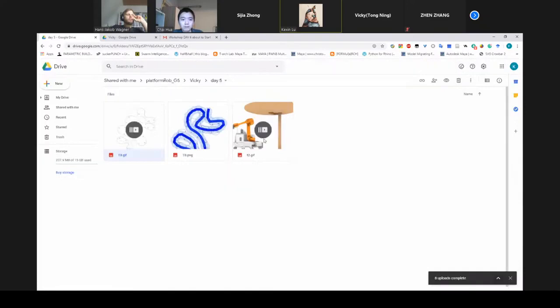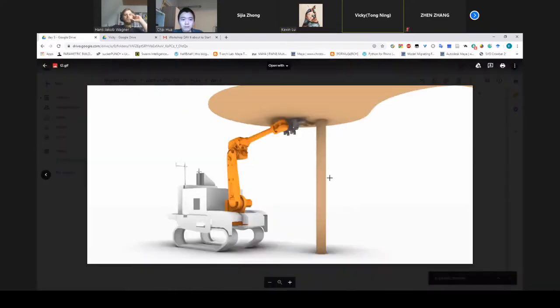This one should be a GIF. That's fine. We just have a teaser of this robotic simulation and then assembling a few of the beams.